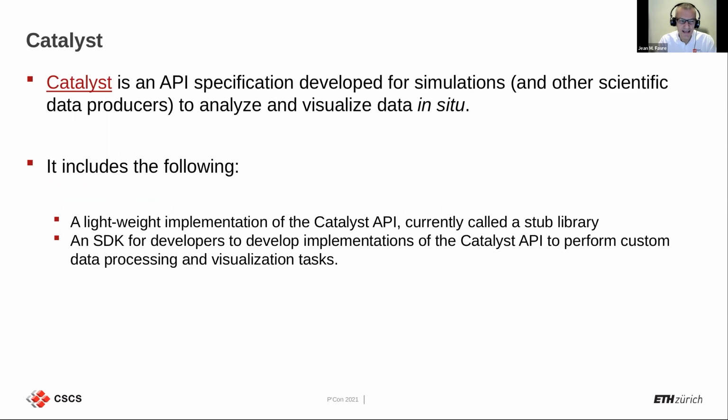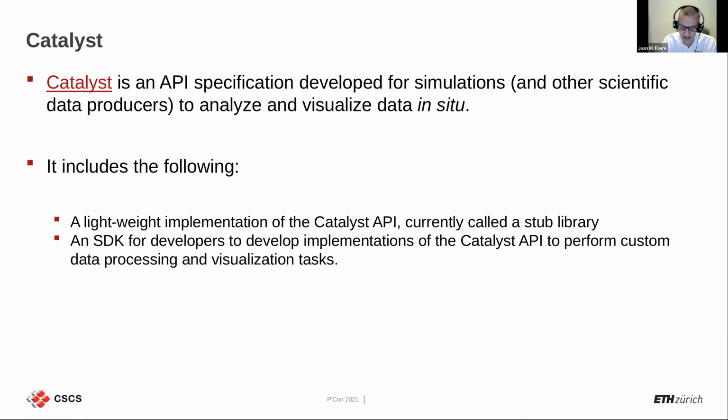Then there's the Catalyst part. Catalyst at this time is really an API specification. It includes a lightweight implementation of the API, and it has a stub library, very lightweight, which means that you can start developing your simulation code with the Catalyst API.